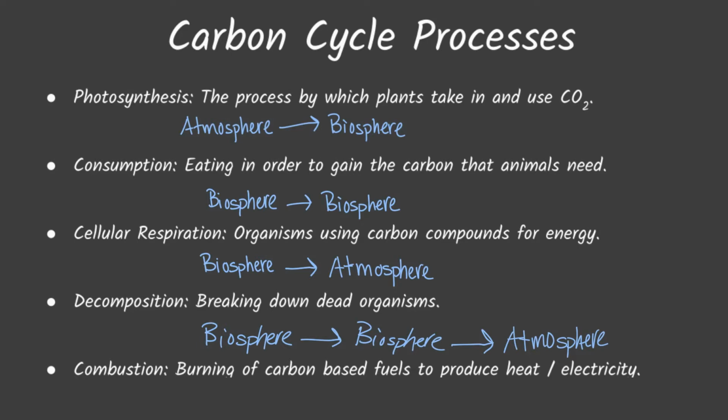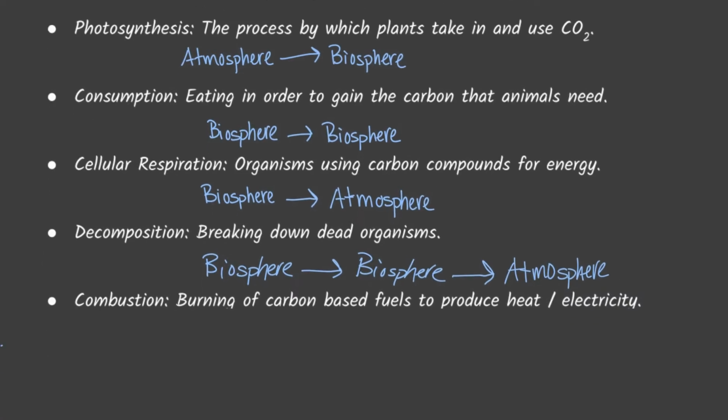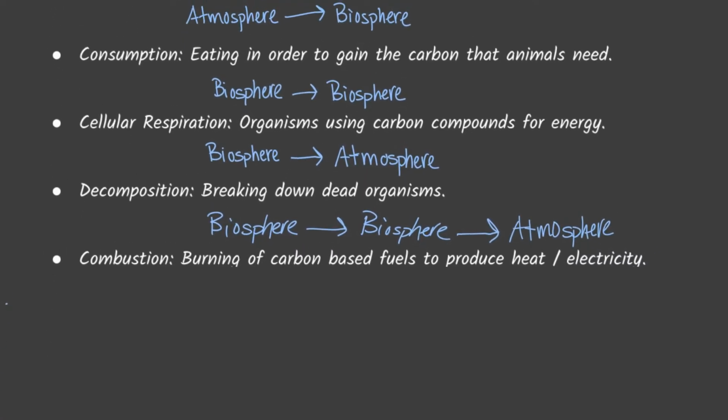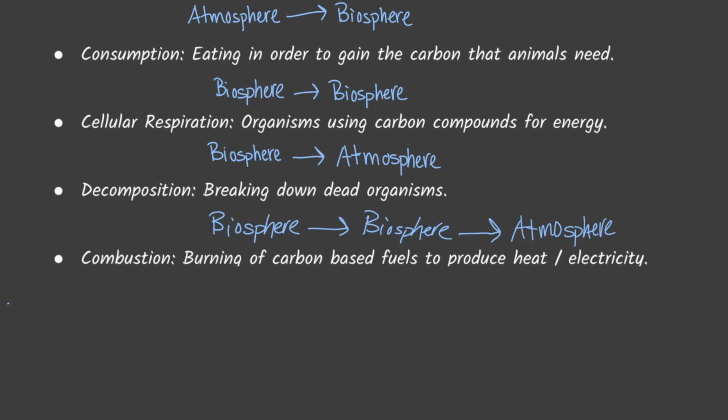Unfortunately, it also produces a lot of carbon dioxide, which brings us nicely to combustion. Because we take a large amount of that coal and burn it to boil water. That boiling water produces steam. That steam creates pressure, and that pressure can turn a turbine, which produces electricity.